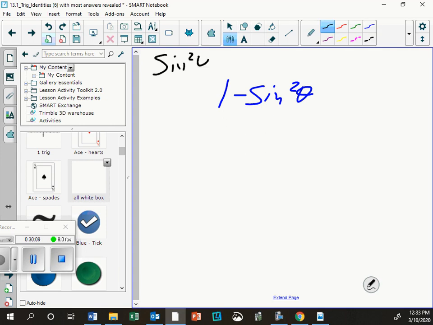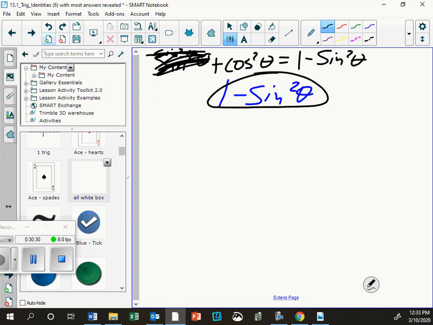It's a fact off the sheet. Sine squared plus cosine squared is equal to 1. And so if you just rearrange that and subtract sine squared from both sides, the minus cancels it out, then it's cosine squared. So you could replace that with cosine squared.